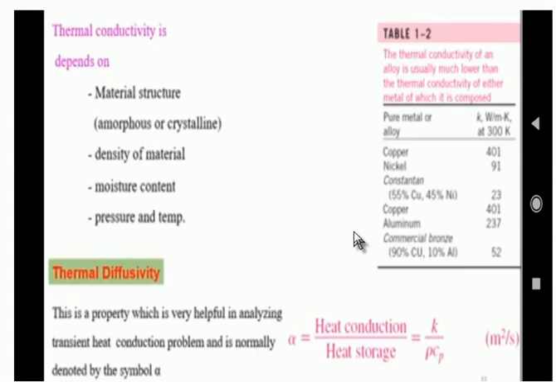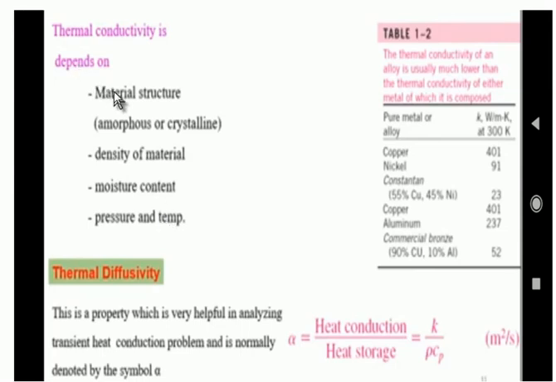Next, the thermal conductivity value depends upon material structure, amorphous or crystalline. So the value of K depends upon what? Material structure, density of the material, moisture content, pressure and temperature. How are we going to define the value of thermal conductivity of the material?